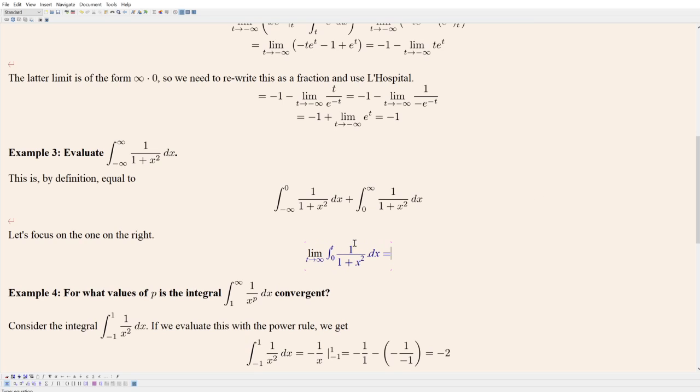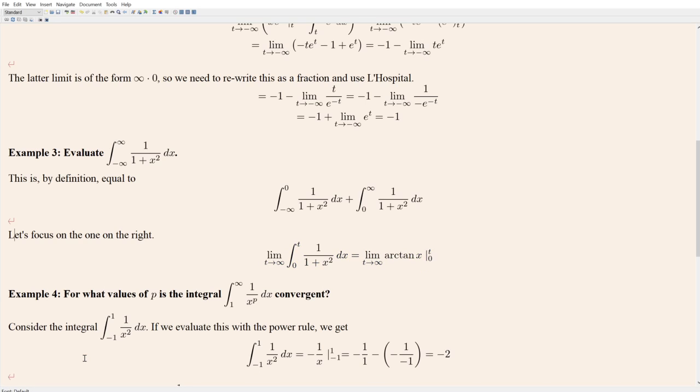Now, what's the antiderivative of 1 over 1 plus x squared? Well, that's just the arctangent. So this one is given to us for free, so to speak. And that's evaluated between 0 and t.